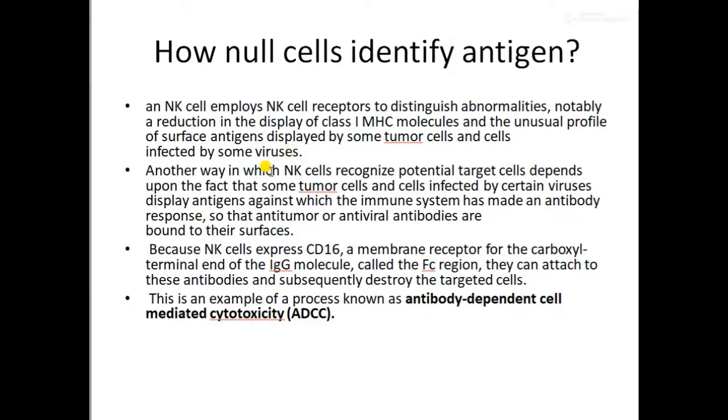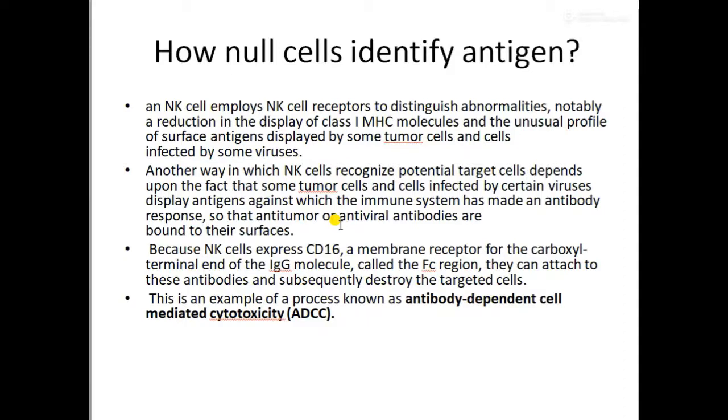Another way in which the NK cell recognizes potential target cells depends upon the fact that some tumor cells and cells infected by certain viruses display altered antigens, and the immune system may have made an antibody response, so that tumor or antiviral antibodies are bound onto their surfaces.